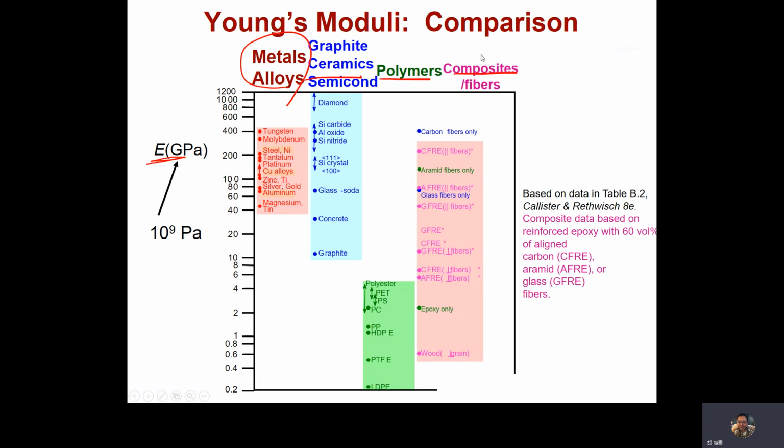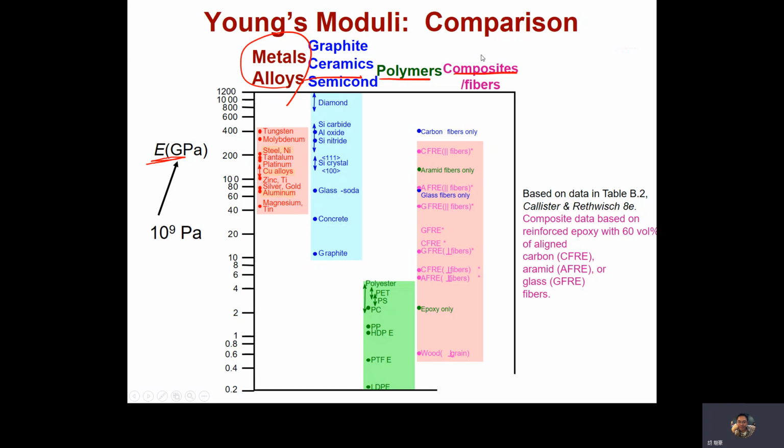However, if we need mechanical parts or components that have very high strength but are ductile, of course the first choice is metal or alloys, right?